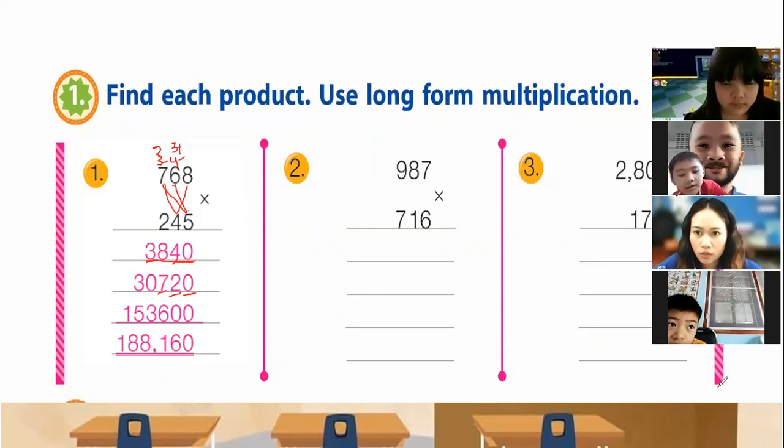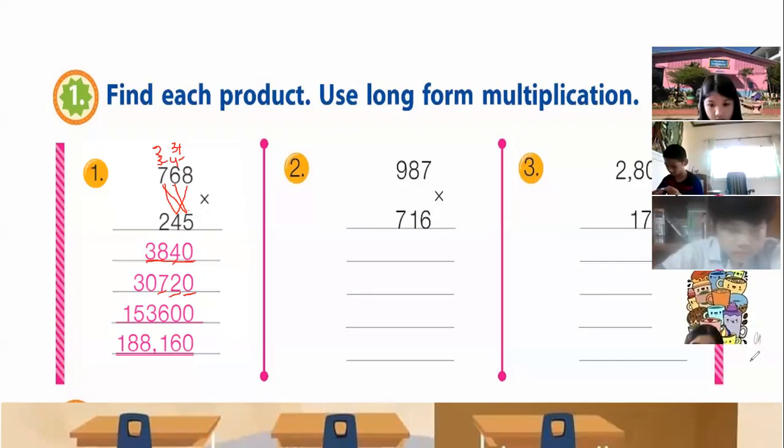Don't hesitate, okay? Or else I'm going to ask you one by one. 5 multiplied by 7, students. Okay, Mankon, 5 multiplied by 7 becomes how much?